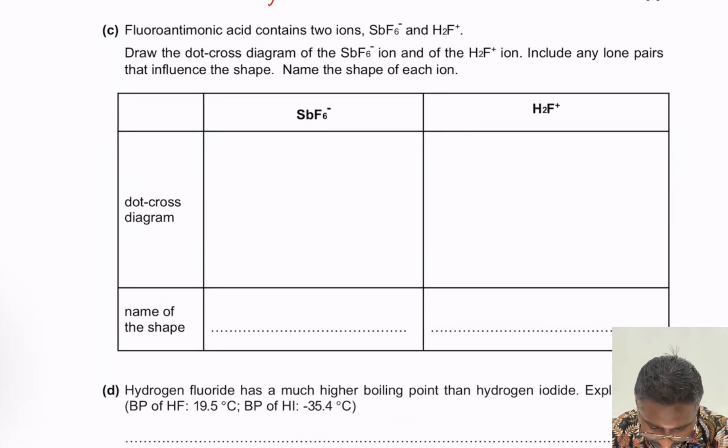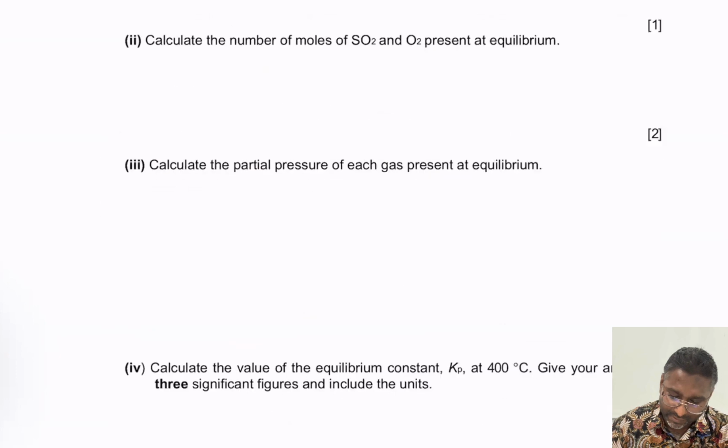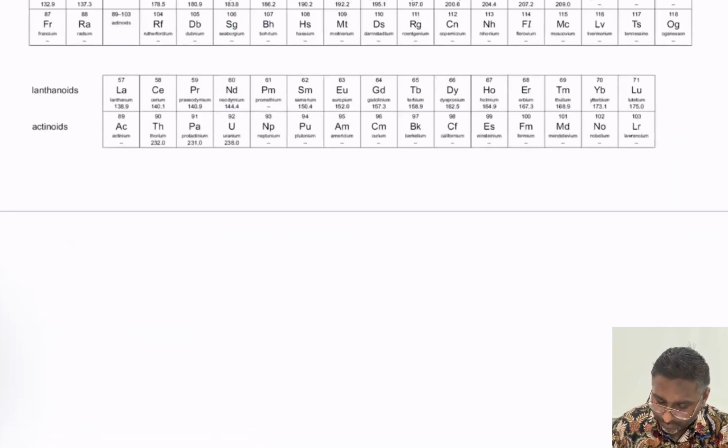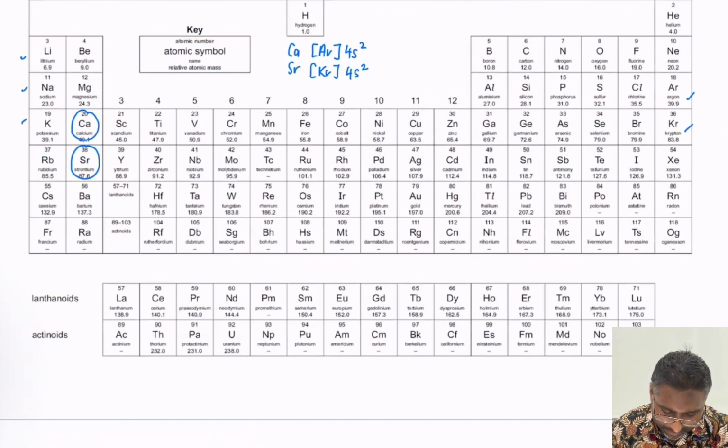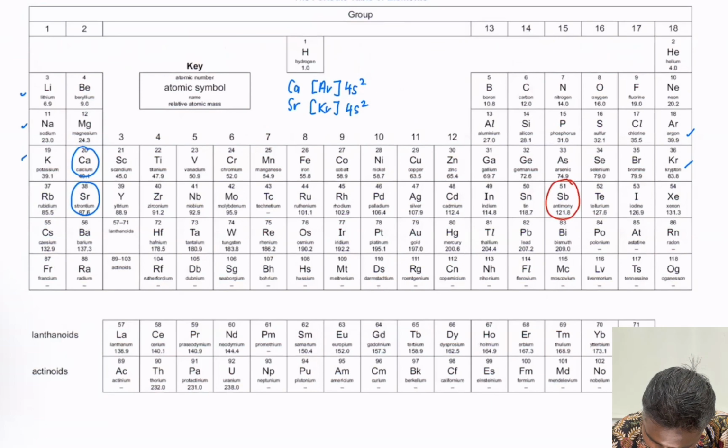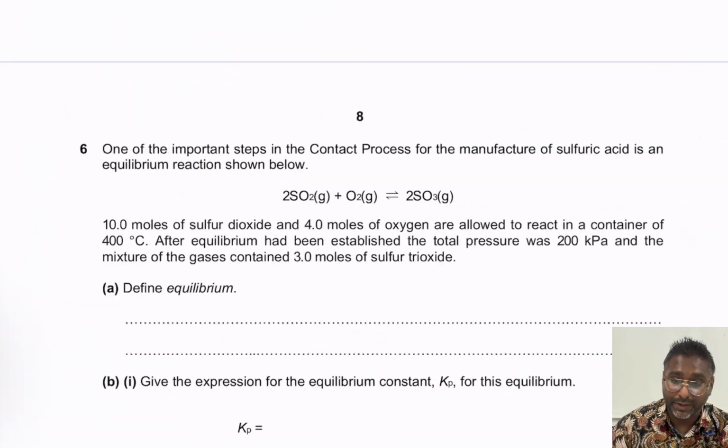So Sb. If you are not sure, always check your periodic table. Where is Sb? This one is from group 15, so 5 valence electrons. That is important.